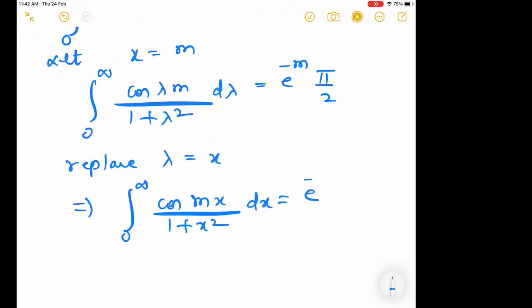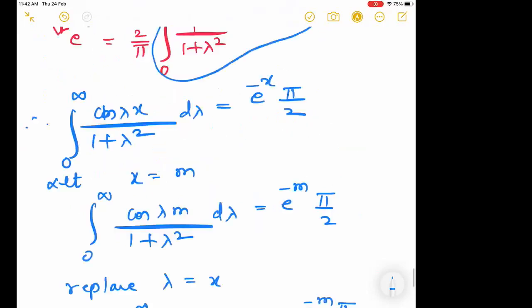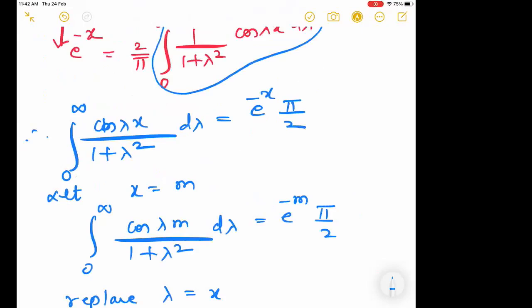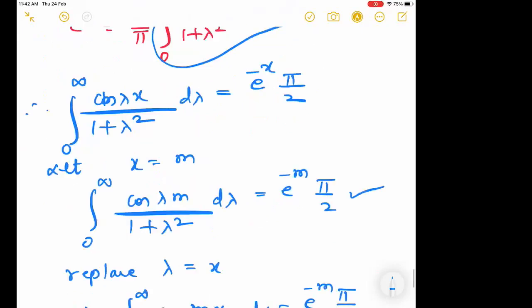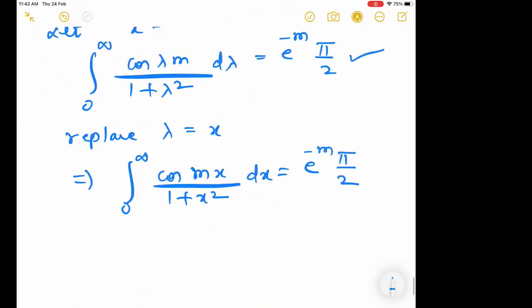There won't be any change on the right-hand side because it is just in the form of m and pi by 2. Following? This is just to show the answer, otherwise the answer is over here. It is still required in the form of variable x, so we are replacing lambda with x. That's it.